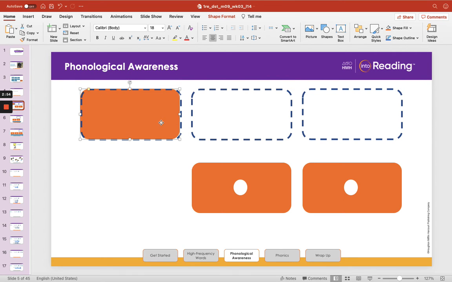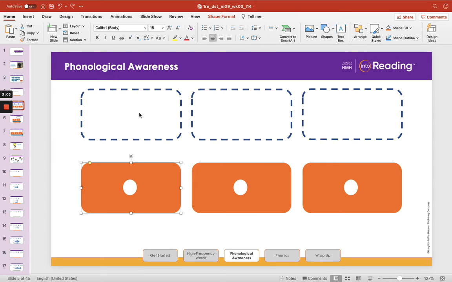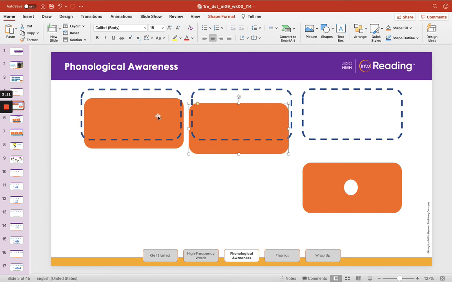Wish is a one syllable word. I only hear one vowel sound. But what if I have the word wishes? How many syllables are in wishes? Wish-es. Wishes. That's a two syllable word. It's got two vowel sounds in it.